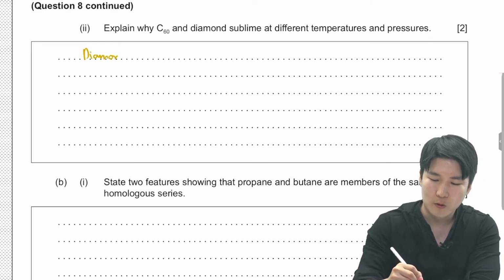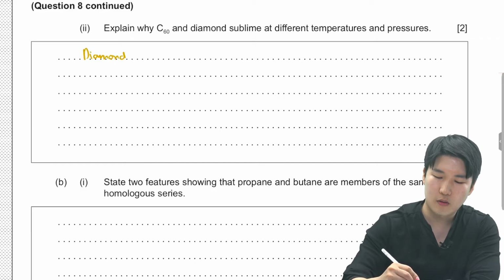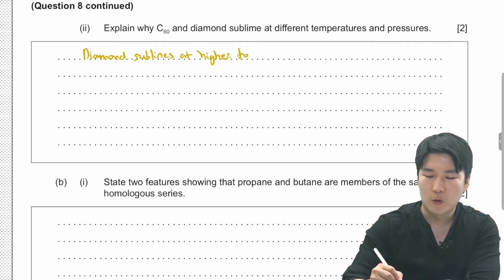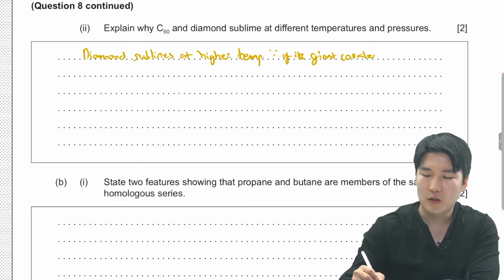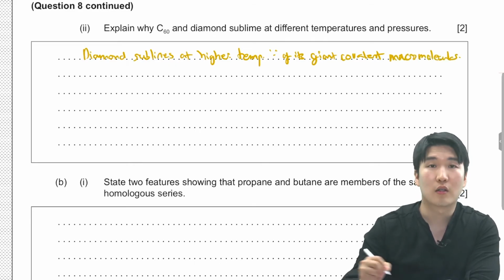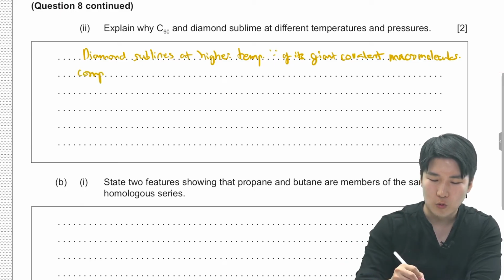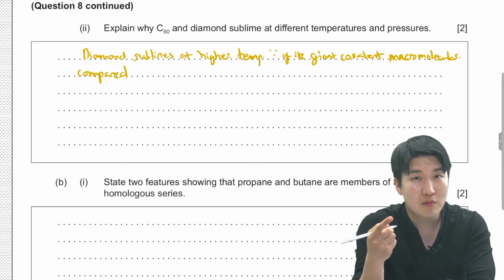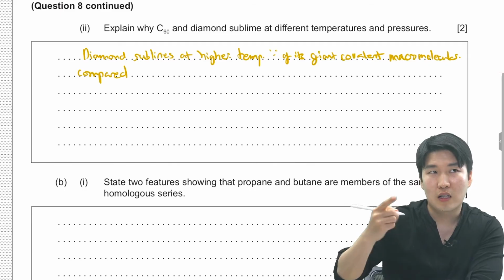Diamond sublimes at higher temperature than C60 because of its giant covalent macromolecular nature, compared to how C60 is not a simple covalent molecule, but quite complex, but it's a molecule that has intermolecular forces.